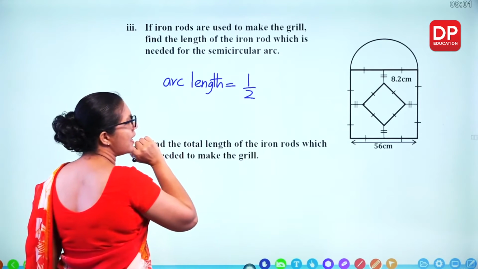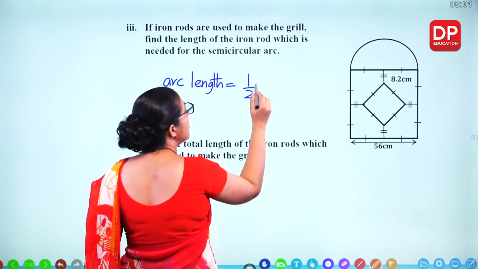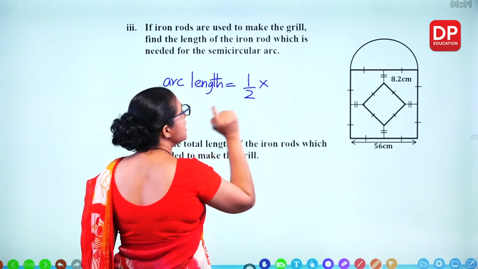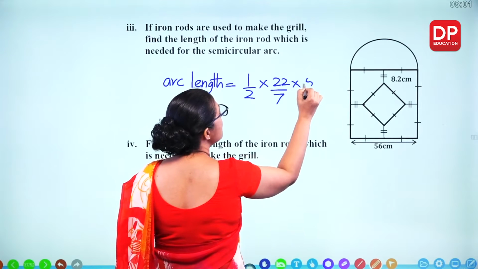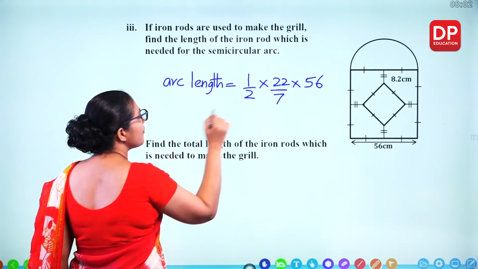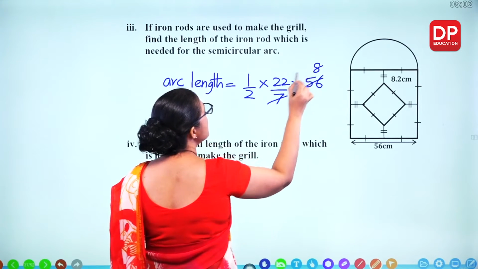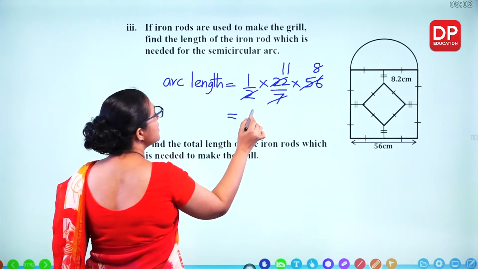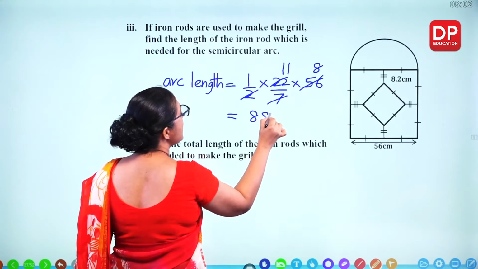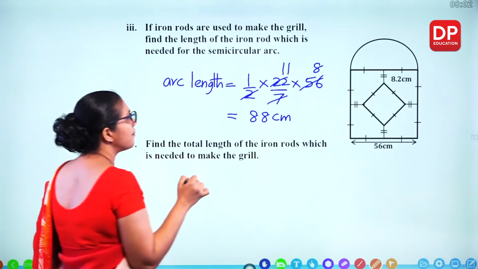Pi d is also okay. If you know the diameter, you can use d. Pi is 22 over 7, d is 56. 7 times 8 is 56. 2 times 11 is 22. 11 times 8 is 88 centimeters.